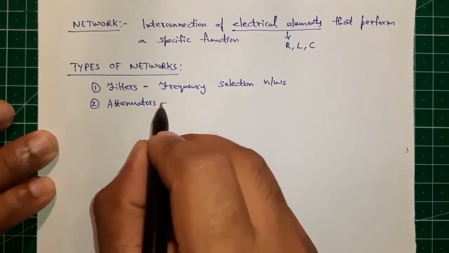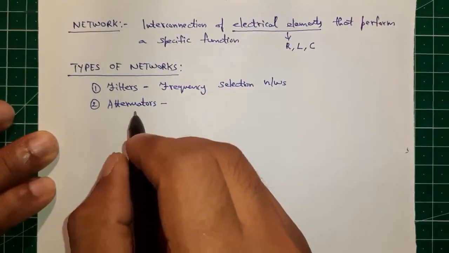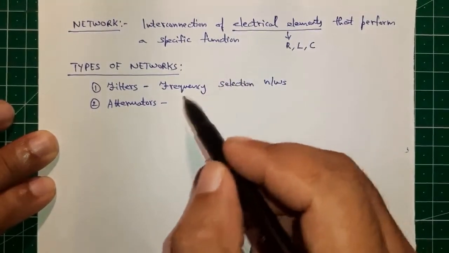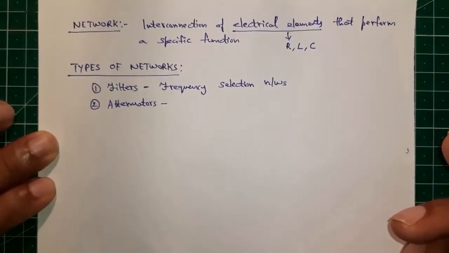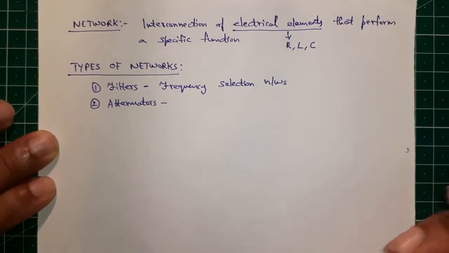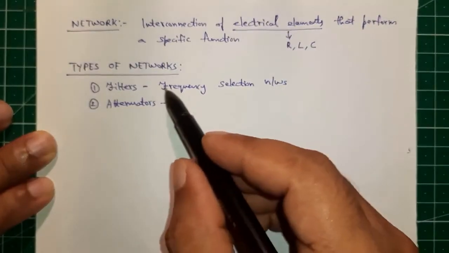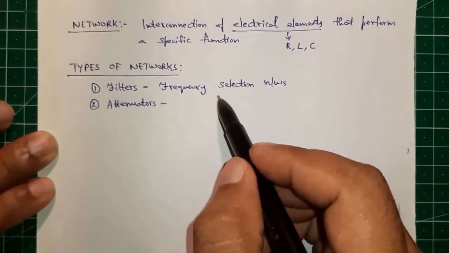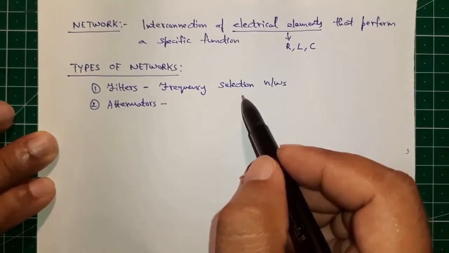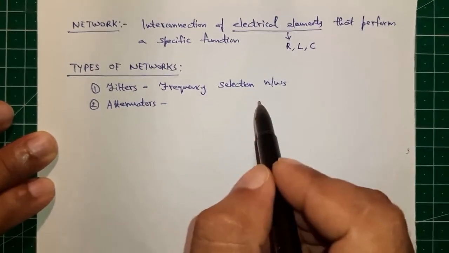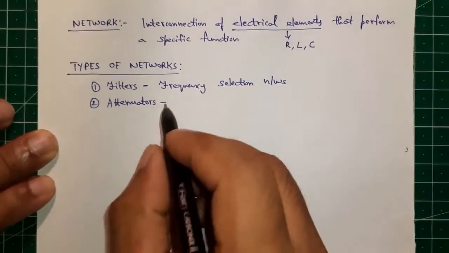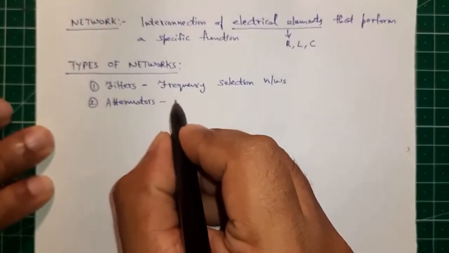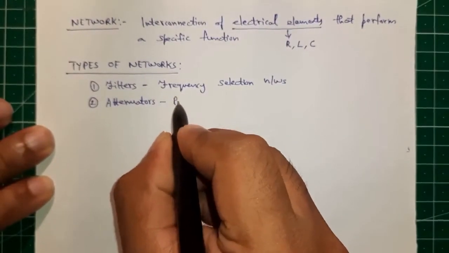So actually filters are also having attenuators built in within them, in the sense that it is not giving any attenuation to a selected frequency, whereas it is giving maximum attenuation to certain other frequencies. Whereas attenuators are exclusively for power dissipation applications.